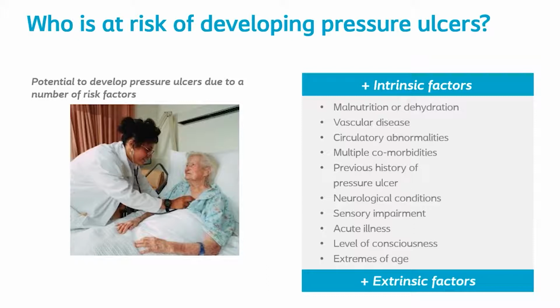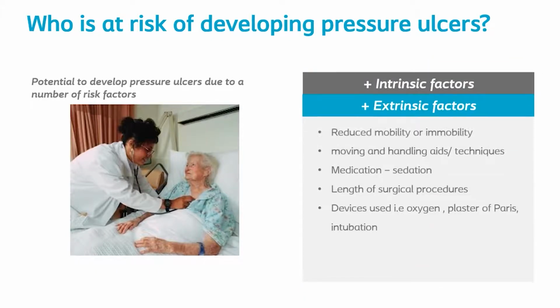They're at significant high risk there of developing pressure damage. Or people at the extremes of age, and that's because we know that there are skin changes as people get older, for example. The skin starts to diminish its natural functions, and actually that can increase the risk of pressure damage.